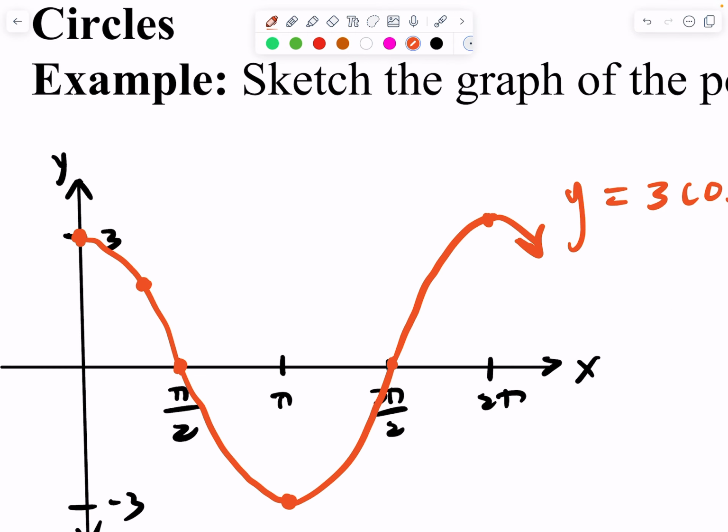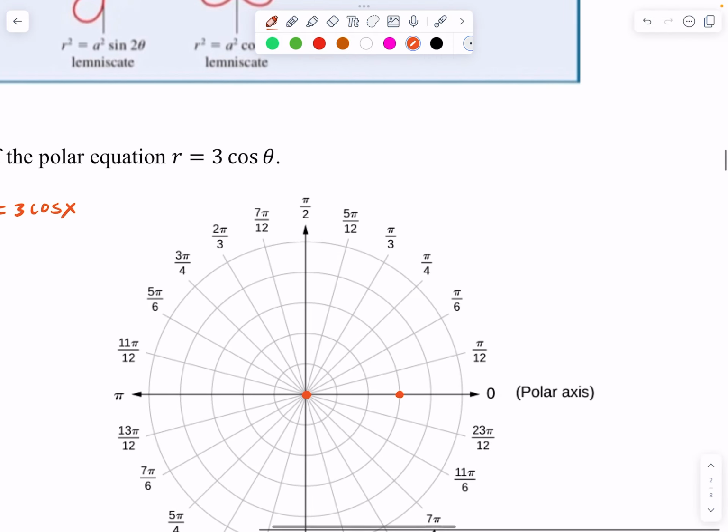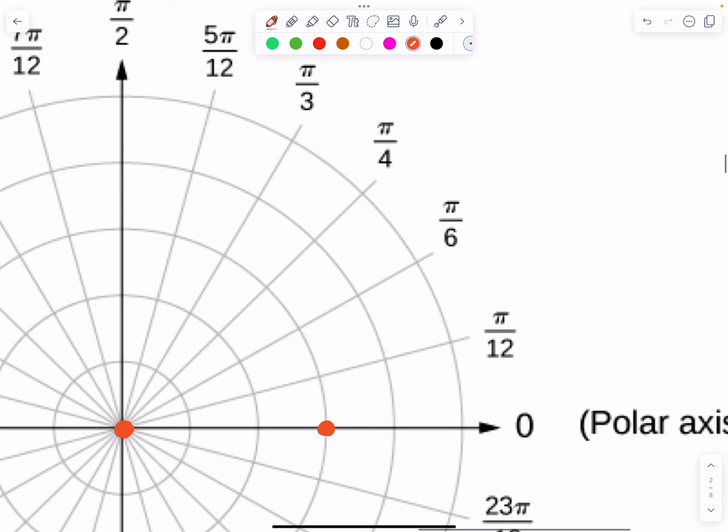So thinking about pi over 4, that would be 3 root 2 over 2, which is approximately 2.121, which is to help with graphing. So coming over here, when theta is pi over 4, r, I'm counting out approximately 2.121, so just past where r is equal to 2.